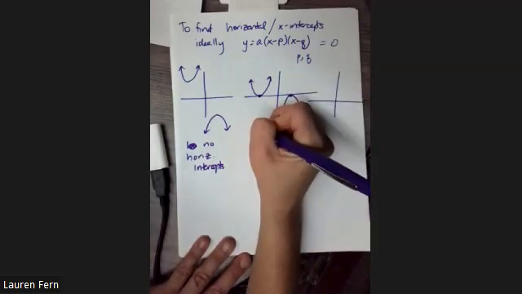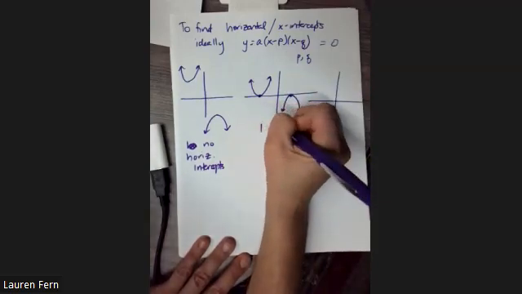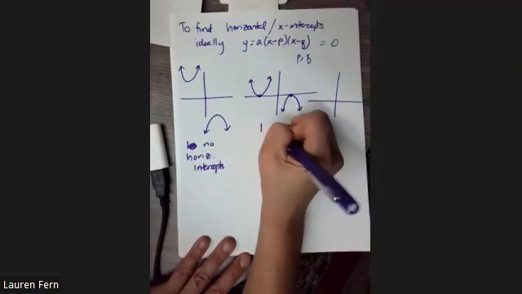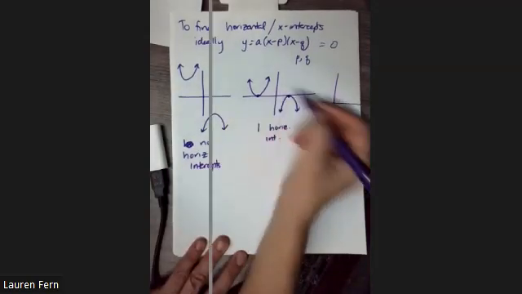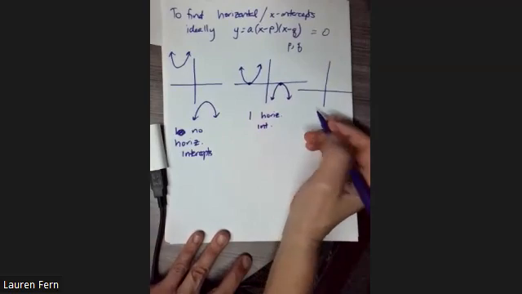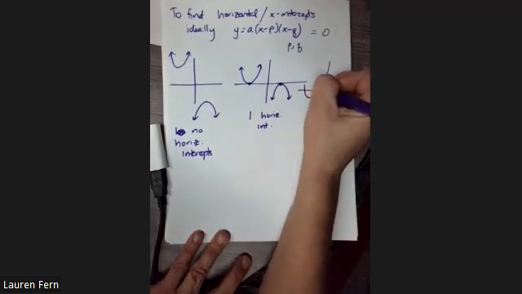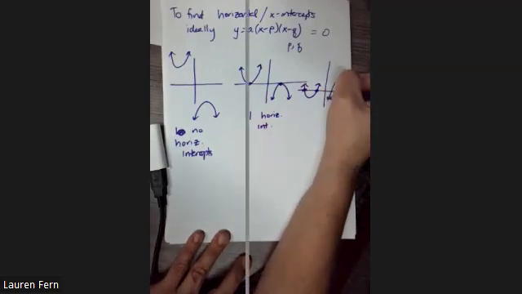And in this case, notice we have exactly one horizontal intercept, one place it touches or crosses our x-axis. And finally, we could be in a situation like this or like this.